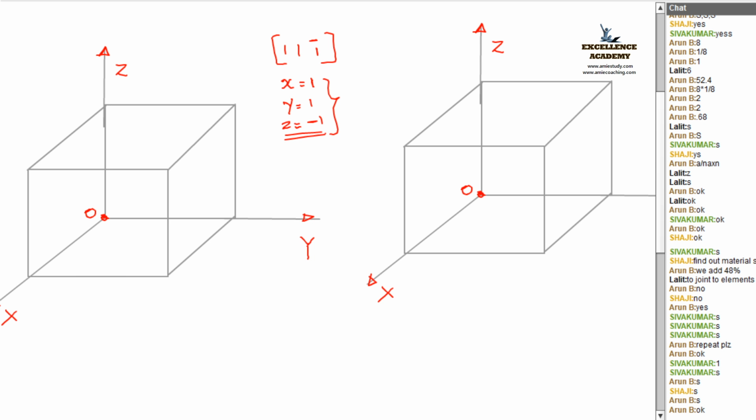Listen carefully to what I am saying next. If a negative value is there, you have to shift the origin through that negative axis. Got it? So in the above case, through which axis do you have to shift the origin?